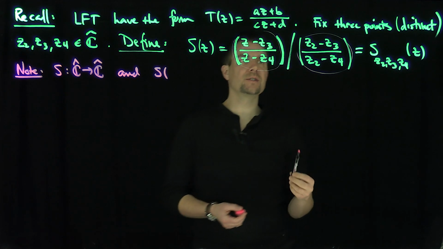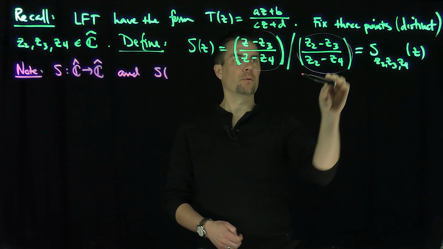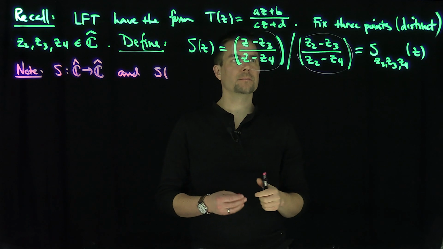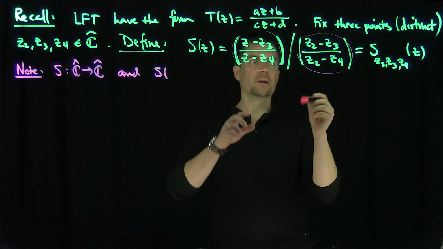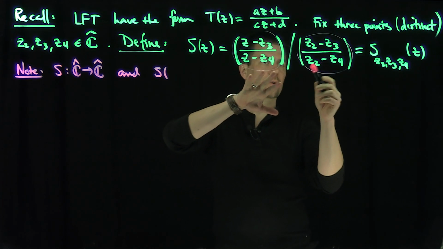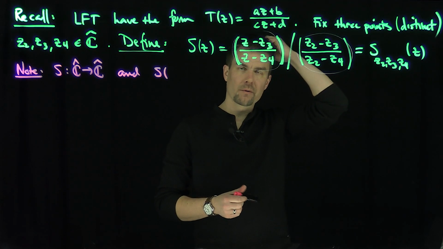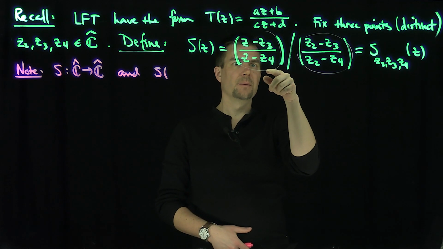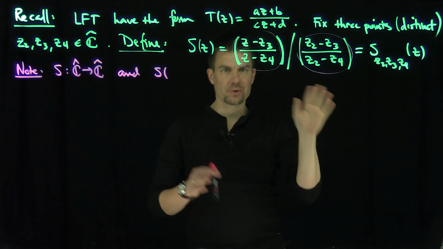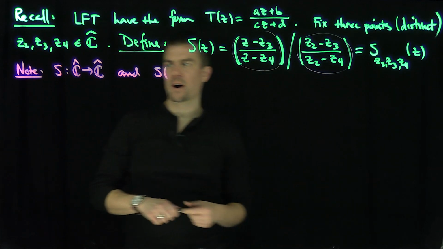We flip that into the denominator, pass to the limit, and you basically use L'Hopital's rule a couple of times, and you'll get something that involves that ratio. So you can figure out what S will be in the cases when those are infinity.